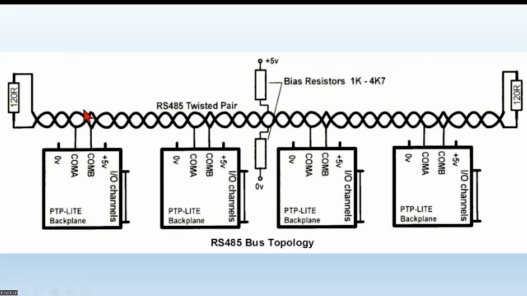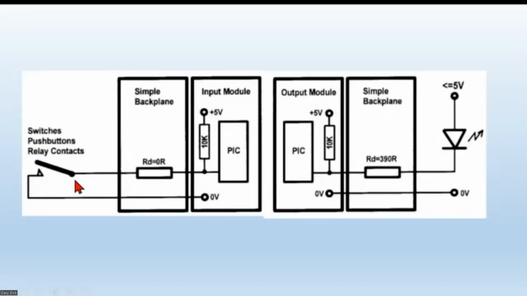They just connect to the bus and connect to the 5-volt power, and then either have inputs or outputs attached to them via the module that you plug into this connector. So effectively the input module plugs into the backplane, and the backplane in turn connects to the bus. And the same with the output modules.